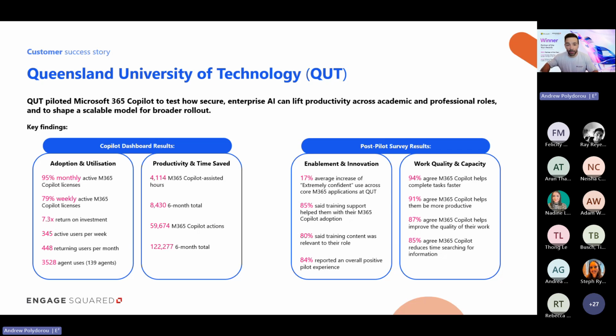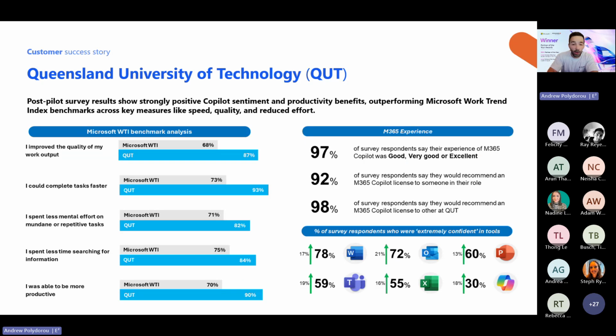Even though we didn't educate people on any of those apps, just using Copilot in those apps improved their competency and capability across all of those applications, which is great. And this slide just shows off a little bit about how well QUT did compared to the benchmark.